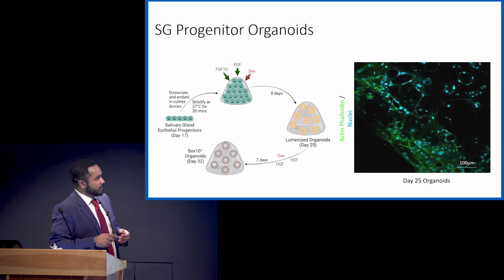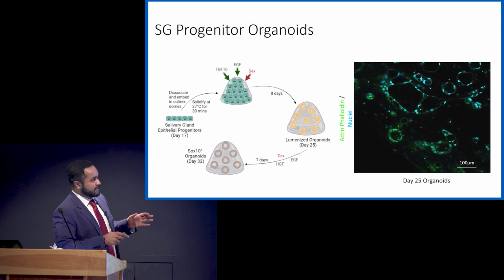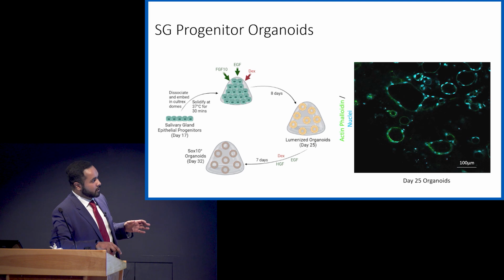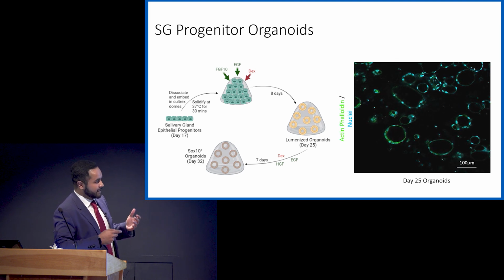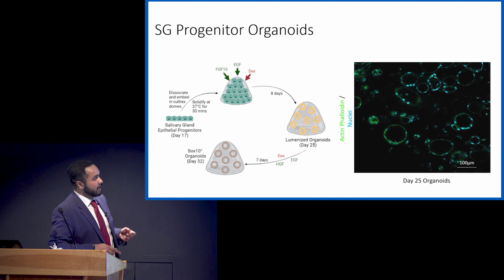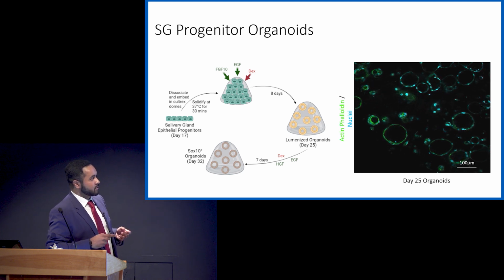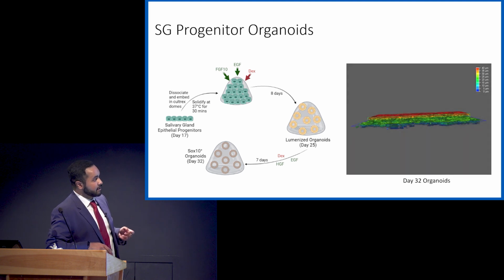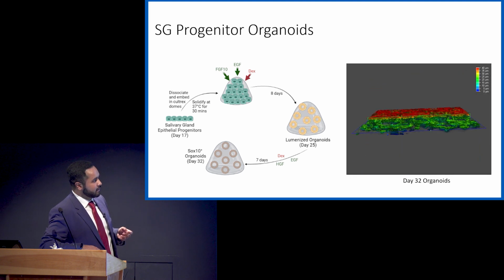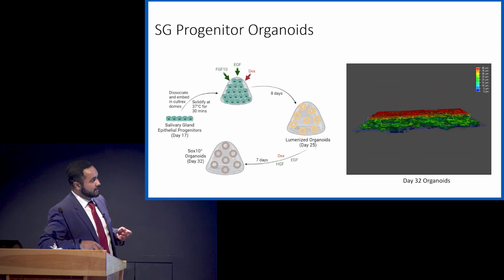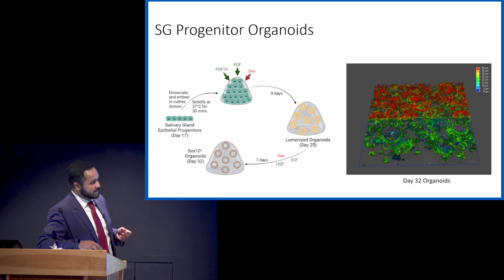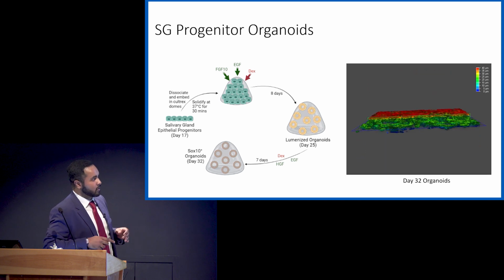By day 25, this confocal video shows the formation of these organoids, which are entirely luminal and show their hollow nature. This hollow nature was also seen at day 32 in this confocal render, where we sliced off the top half of the image to show the internal part, and we can see that it's entirely hollow on the inside.